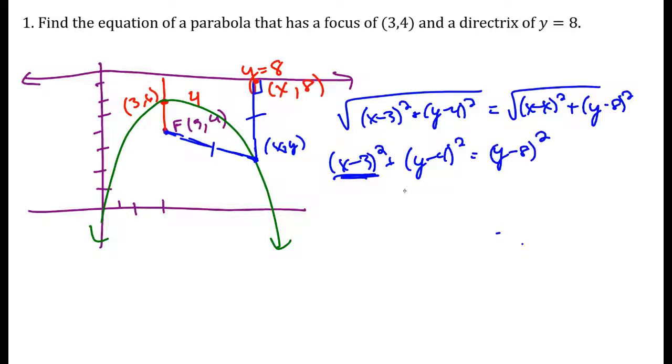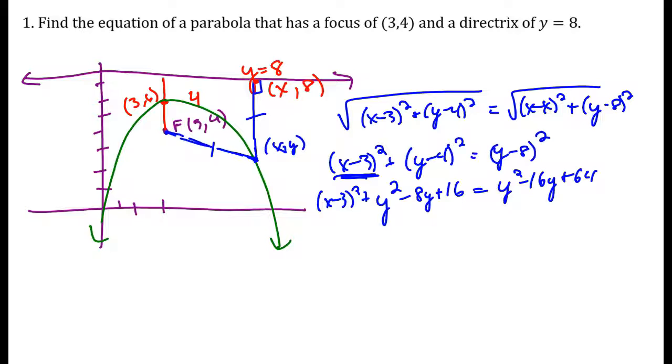So (y minus 4) squared, set up a table to multiply that binomial by itself, to get y squared minus 8y plus 16. And that's still there. Equals, multiply that out, y squared minus 16y plus 64. If you need to see where that's coming from, make a table, write it twice and use the distributive property, so that you multiply that out correctly.